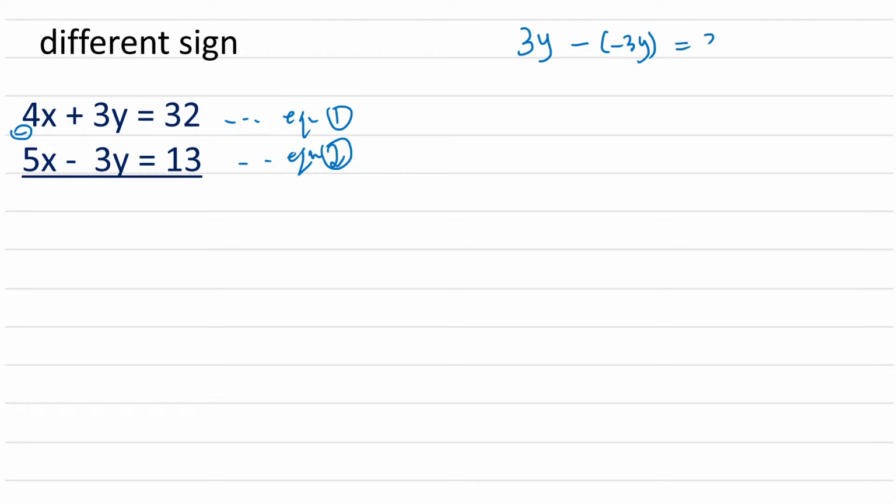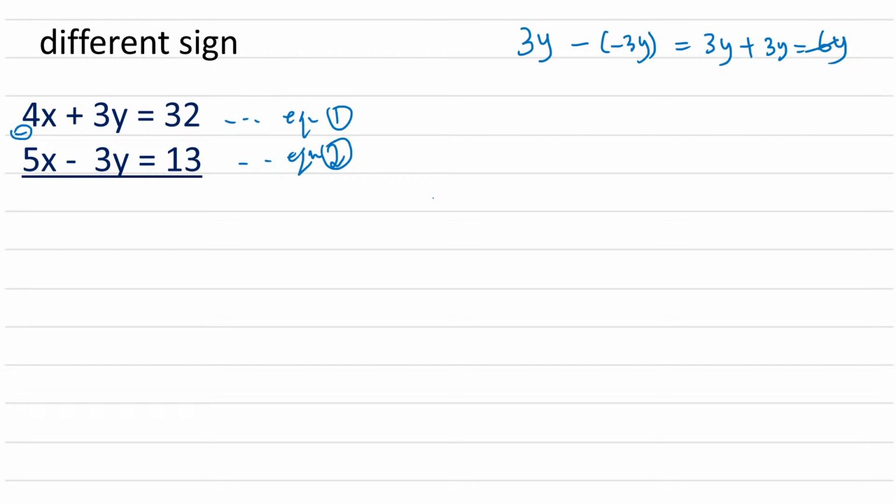I'll have 3y minus and minus, that becomes plus 3y, and this will end up giving me 6y. I don't want 6y, I want 0 y's. So what should I do then?